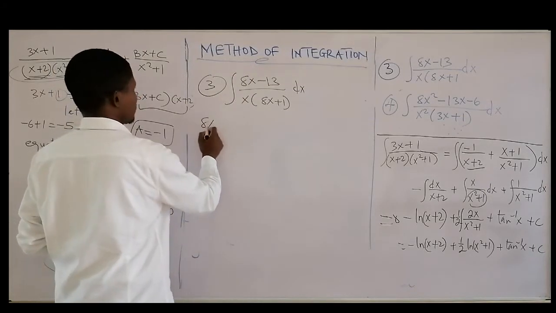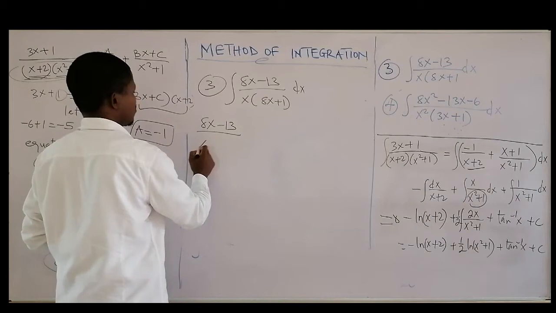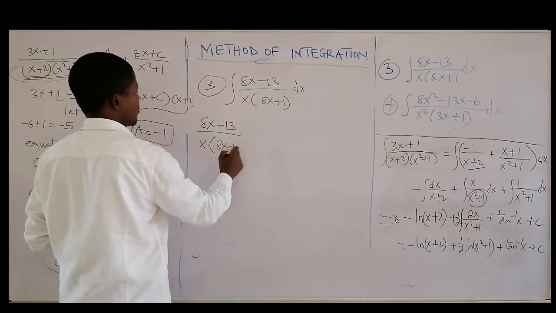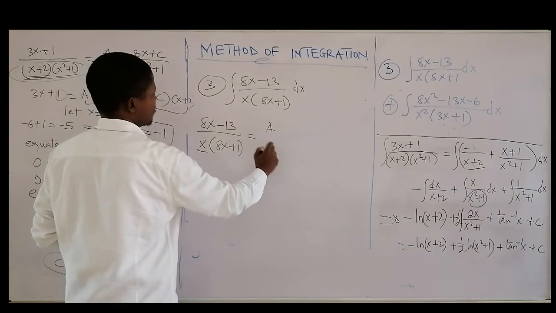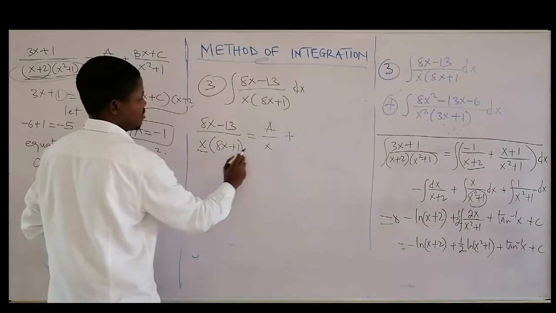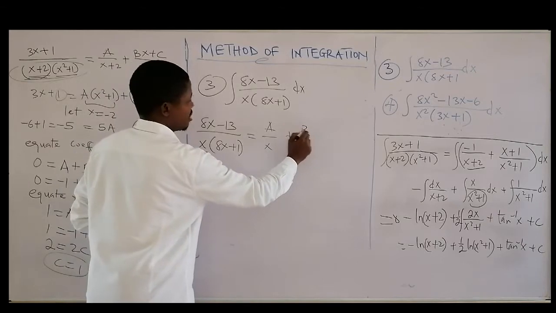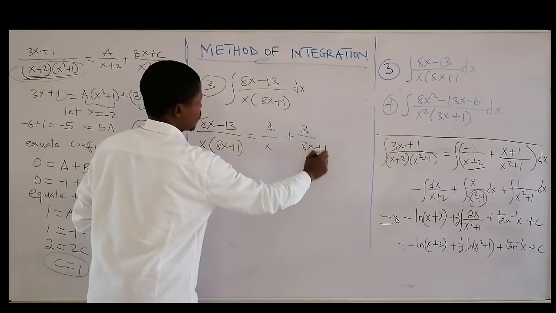So take the constant of the integration outside. So this will equal to what? This is a linear factor, that's A over x, then plus the second one, which is also a linear factor, that's B over 8x plus 1.